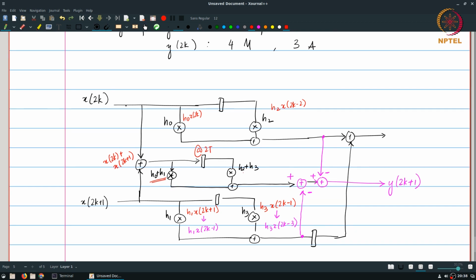That term multiplies the h2 plus h3 coefficient. And if you work out the arithmetic, what you will find is that these two subtractors are effectively cancelling out those effects from what has already been computed in order to get the value of y of 2k.